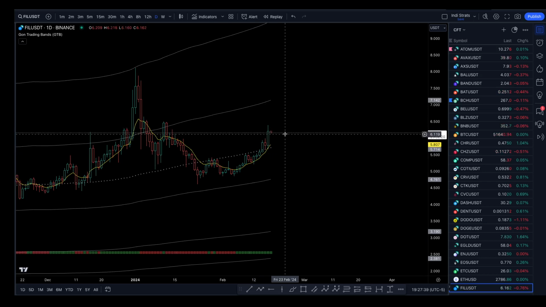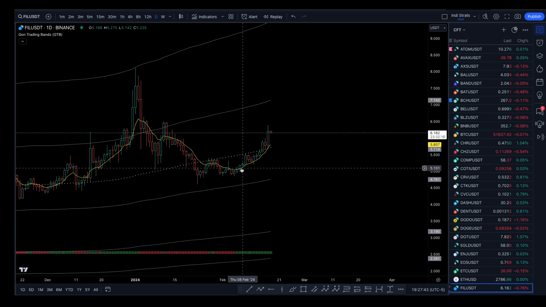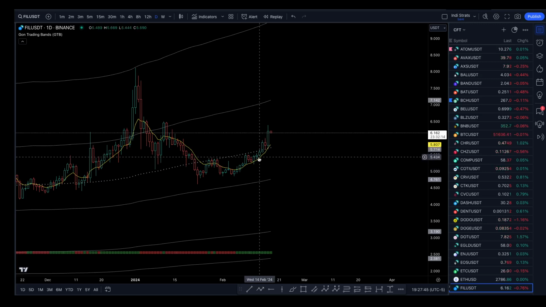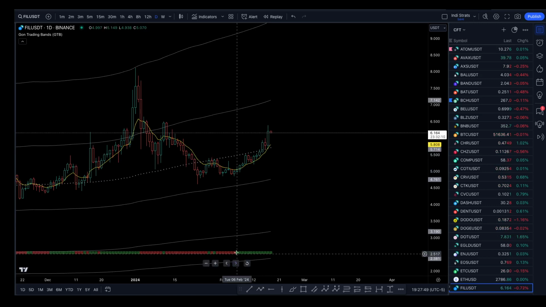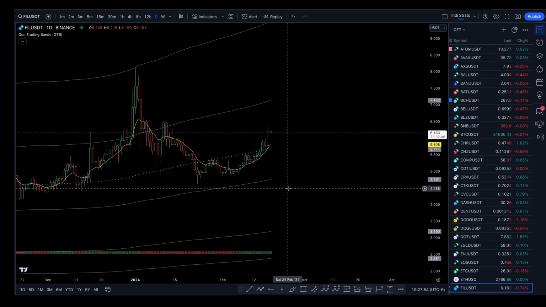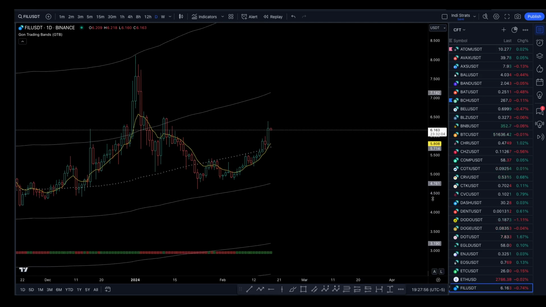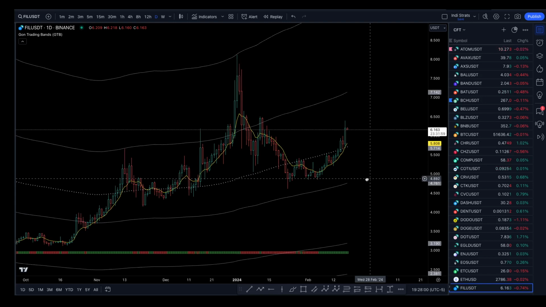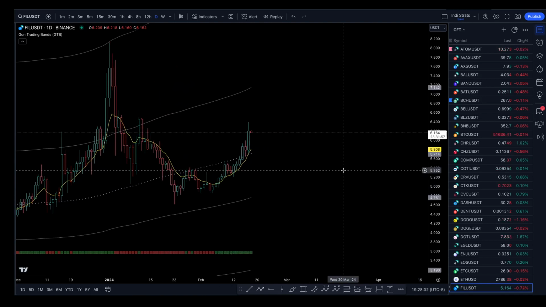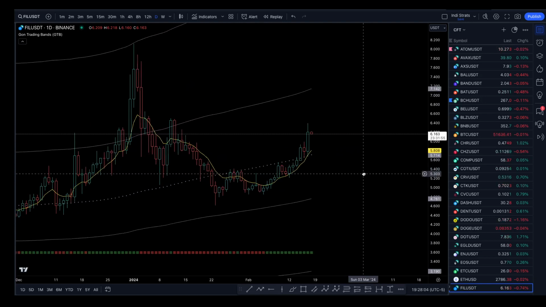Or is it just hovering in the middle? And the second thing I look for is, what's the price in relation to the relative strength line? Is it closing above the relative strength line, or beneath the relative strength line?